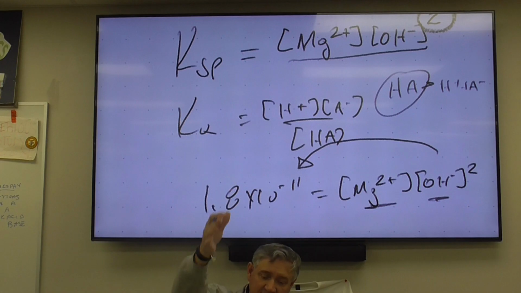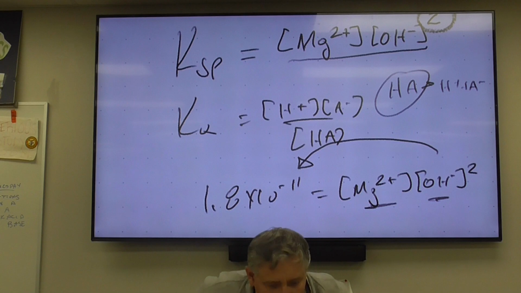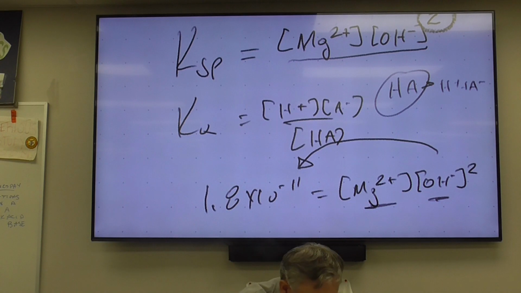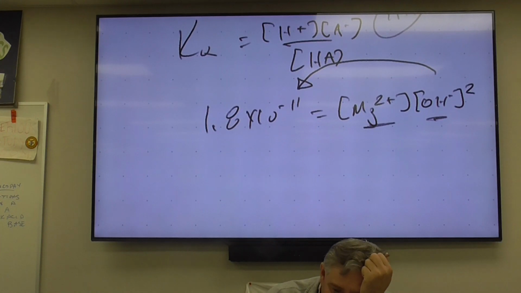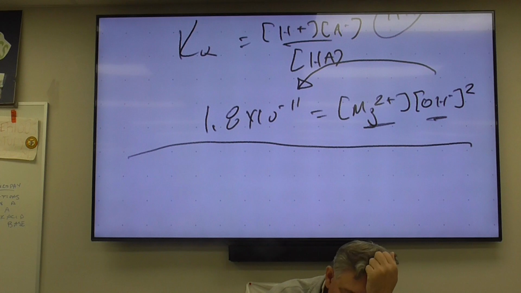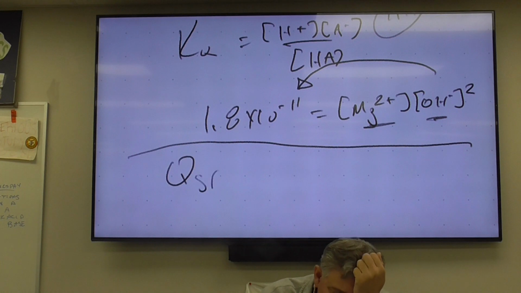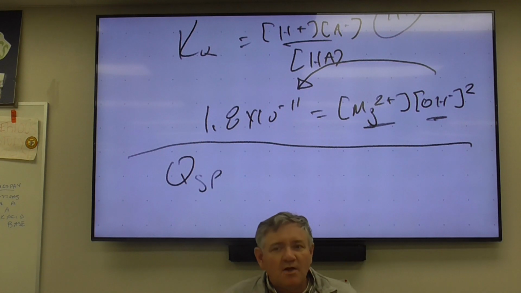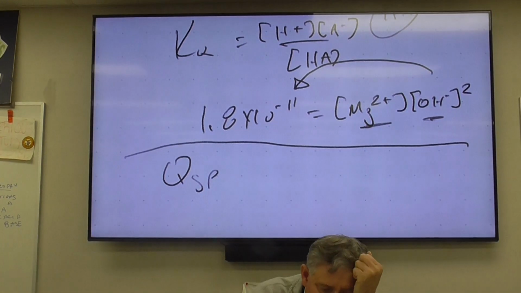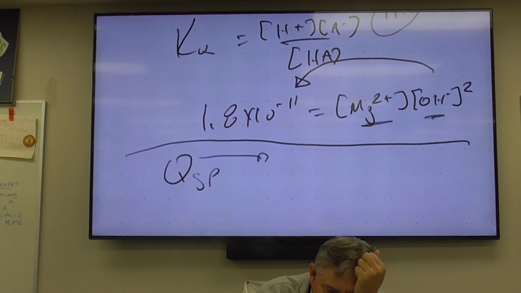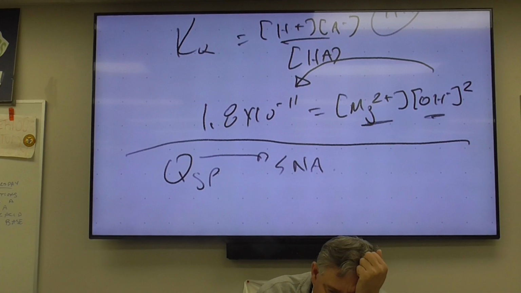Now, where it gets a little bit complicated, and this is what we call Qsp. See, I understood everything until you gotta bring in the complicated stuff. No, it's not that. When you have Qsp, the only difference between Ksp and Qsp is that this is like a snapshot.